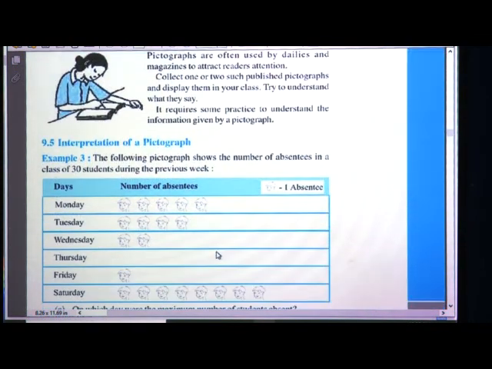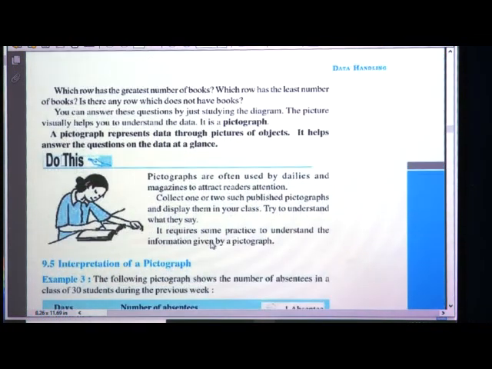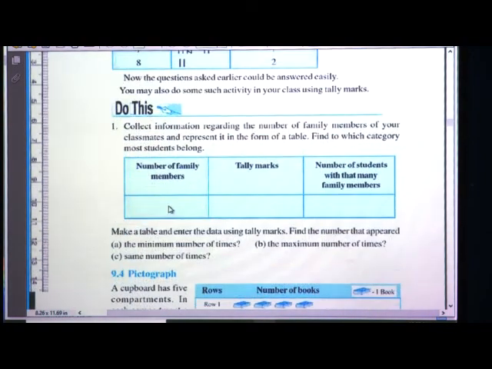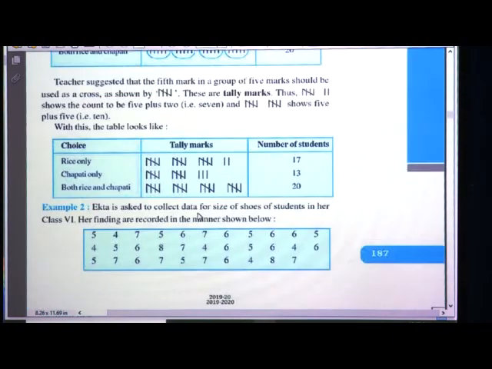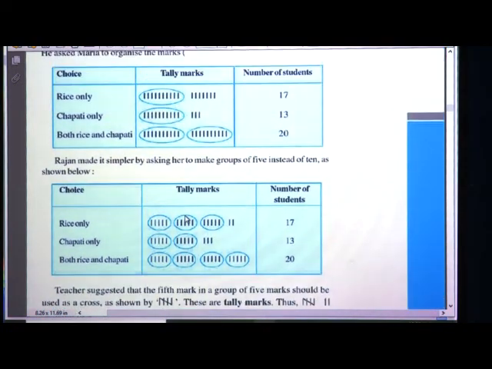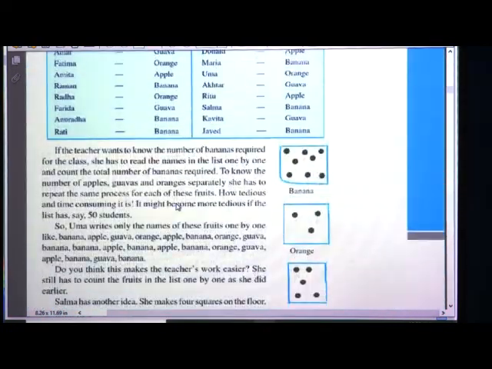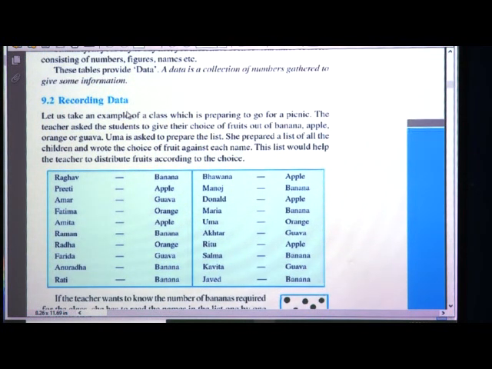So, now we have seen different types where we can organize the data, like pictograph, then we have seen tally marks, then we have seen how to organize the data, and then we have also seen recording data.